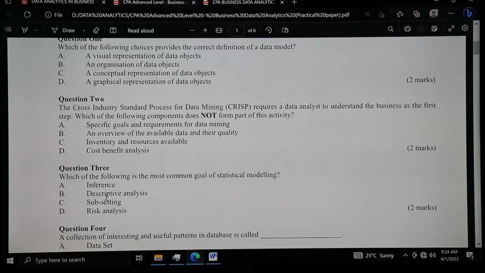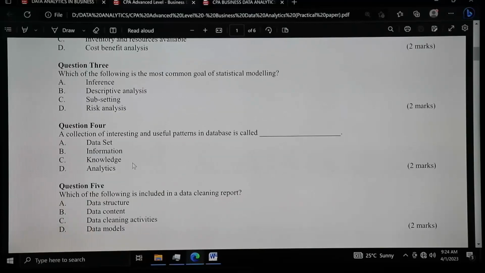So then, the next question. You are told here that a collection of interesting and useful patterns in a database is called what? If you say data set, information and knowledge, or analytics, then first you have to understand what business analytics is.